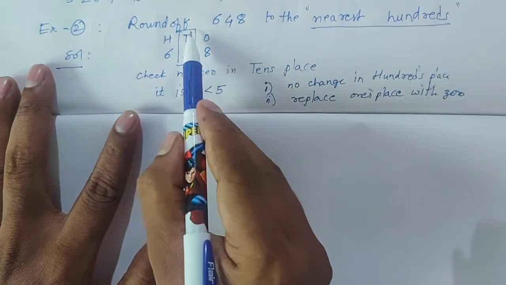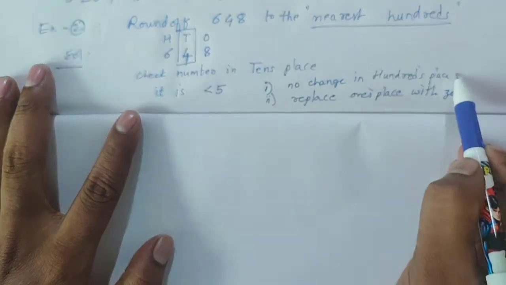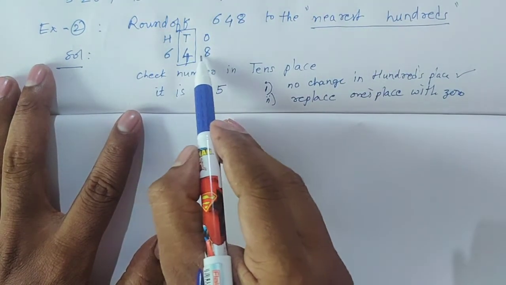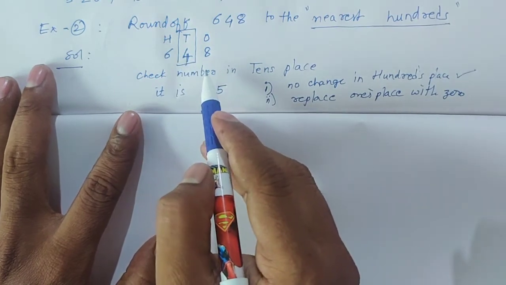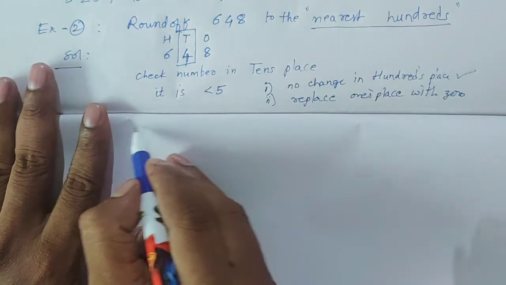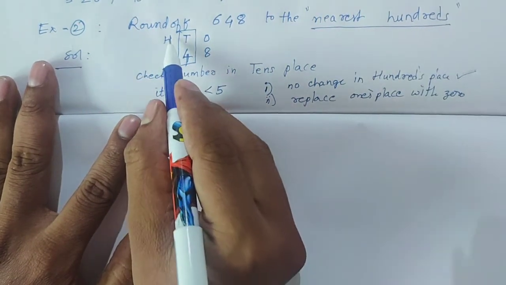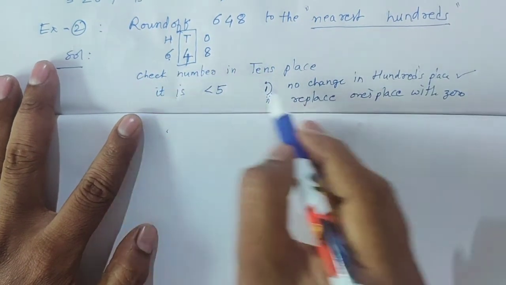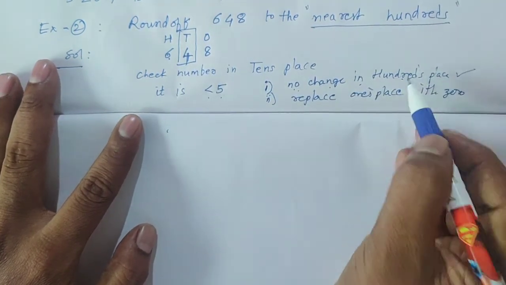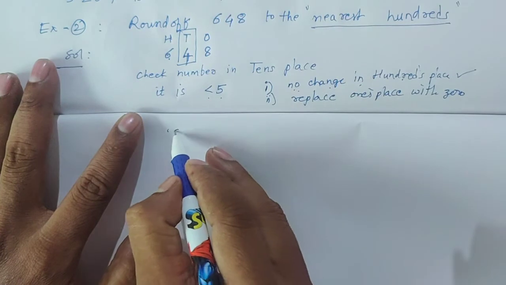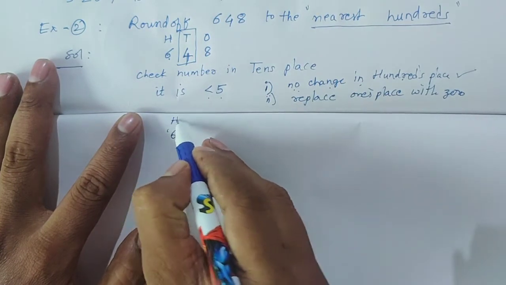So whatever is after the hundreds place, we have to put zeros in all the remaining places which follow the hundreds. So the answer is, what is the number in hundreds place? 6. Because it is less than 5, no change in hundreds place, so 6 retains.